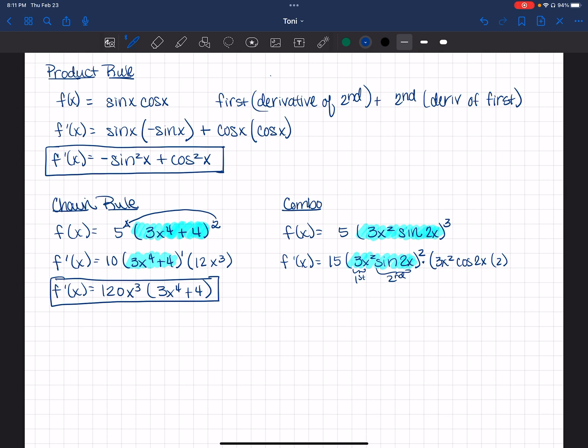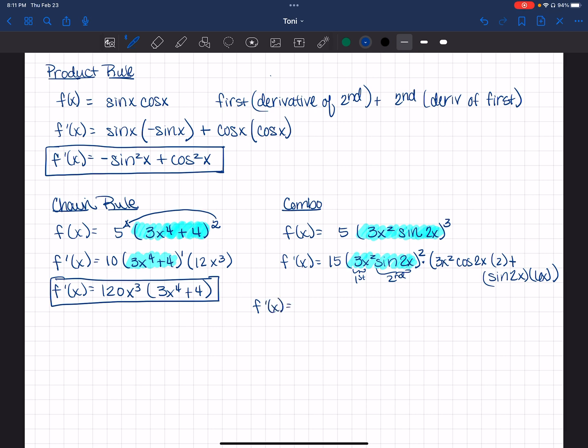We're going to bring it out to the front in a minute. Plus, okay, the second, which is sine 2x, times the derivative of the first, which is going to wind up being 6x. Because what's the derivative of 3x squared? 6x.